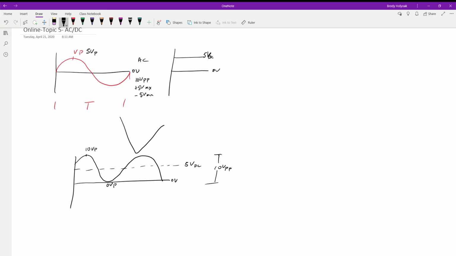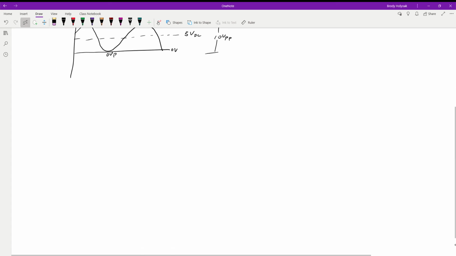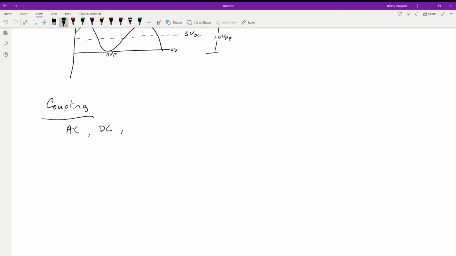One of the things we're going to be looking at is that on our scopes, the coupling is going to be a lot more important. When we talk about coupling on our scopes, we have a couple of different options. We have AC coupling, DC coupling, and ground. Basically, we've been using one or the other.